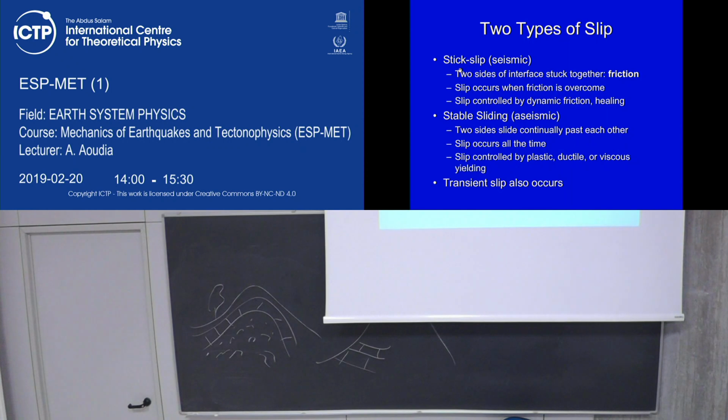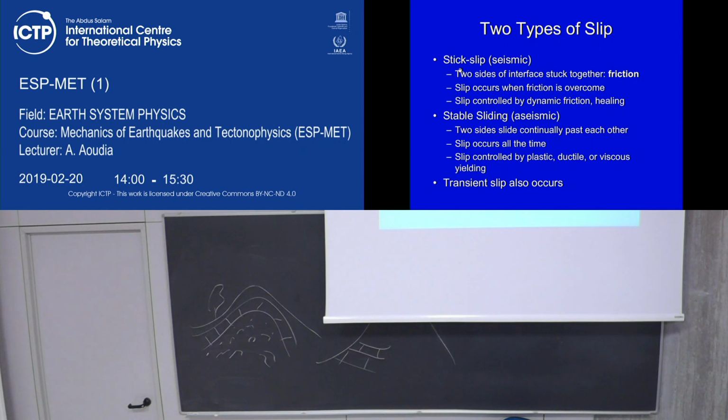Okay? Then this is seismic deformation. In between the two, you have transients. A transient is a slip that takes place and then switches off and disappears. Or it's a slip that starts and ends up with a large earthquake. Or it's a slip that takes place after a large earthquake and stops.